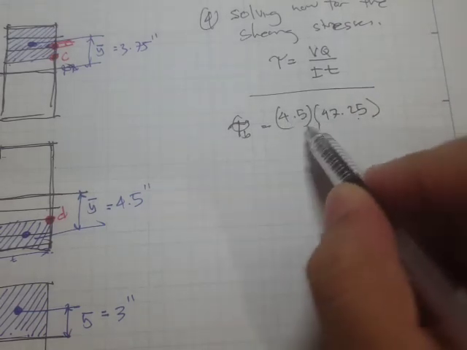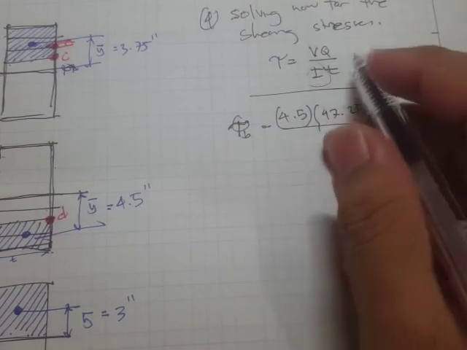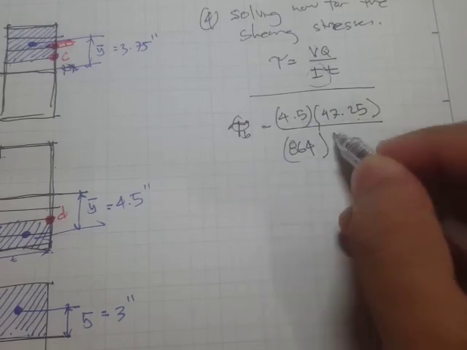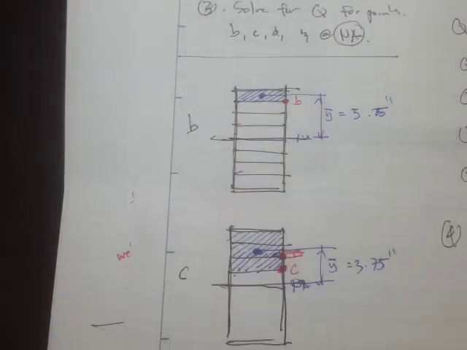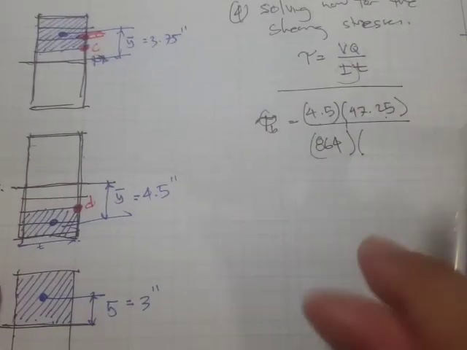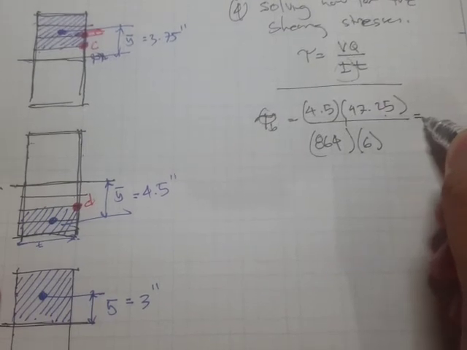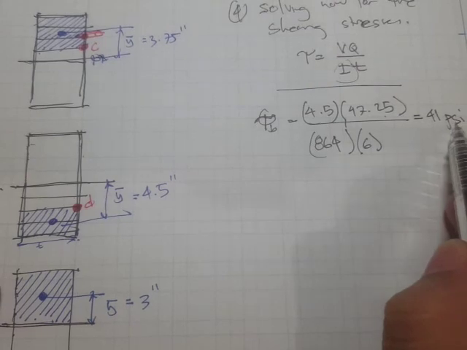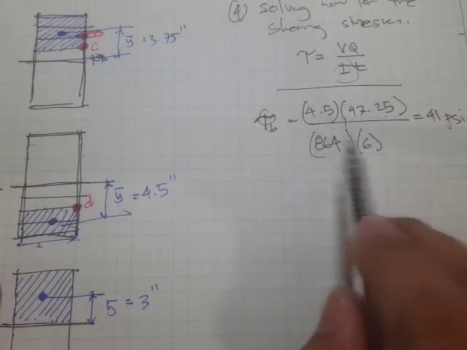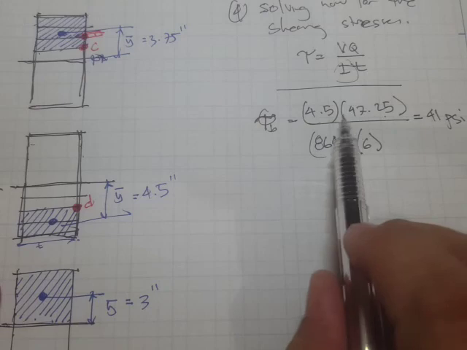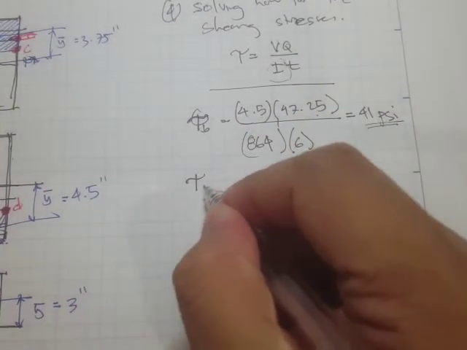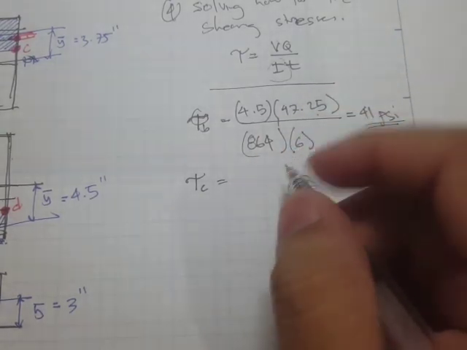So 4.5 times 47.25, then the I, the moment of inertia, is equal to 864 inch to the fourth, and the thickness would be this thickness, which is 6. The value right here is 41 psi. It should be ksi, but because it's a smaller value, you just have to convert this to psi.